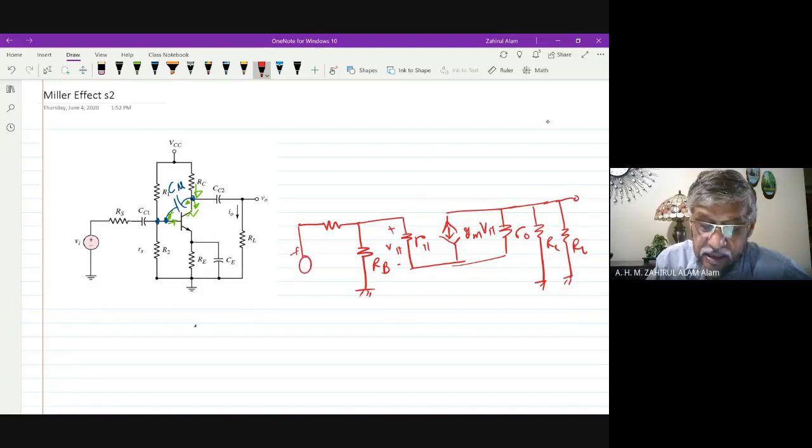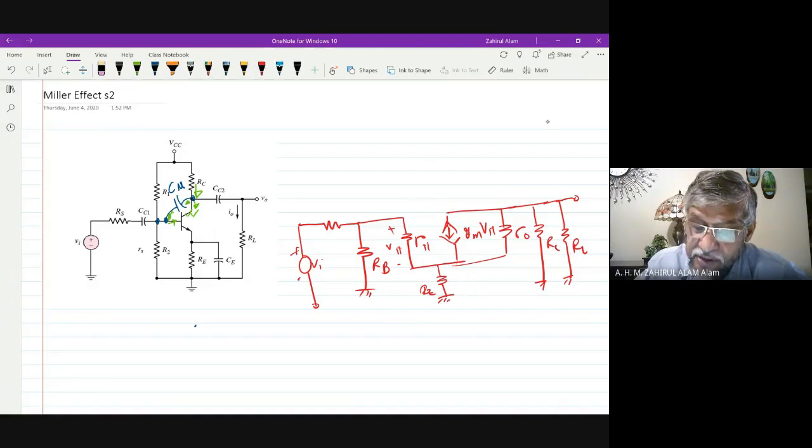This is the output equivalent circuit, but also we have one capacitance, resistance, and one capacitance.